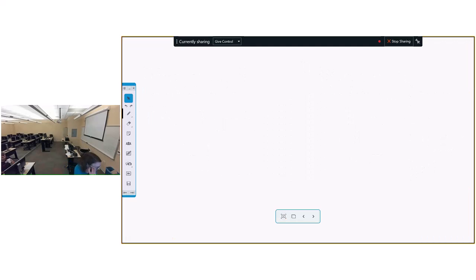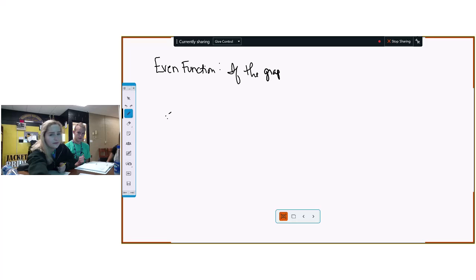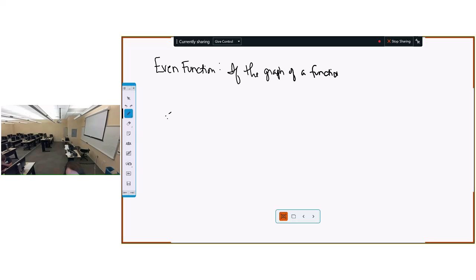All right, now we're going to get into even and odd functions. So an even function: if the graph of a function is symmetric with respect to the y-axis, it is called an even function.